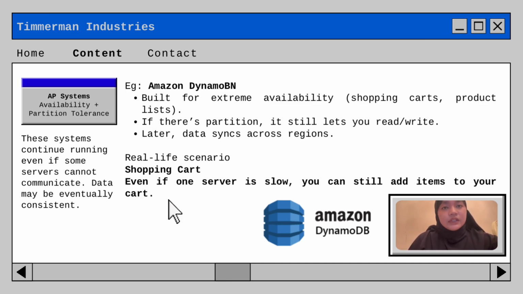If there's a partition, it still lets you read or write, and later data syncs across regions. For a real-life scenario, we could say the shopping cart in Shopee or TikTok Shop. Even if one server is slow, you can still add items to your cart. So this is an example of an AP system.